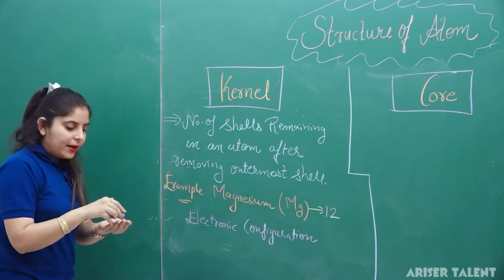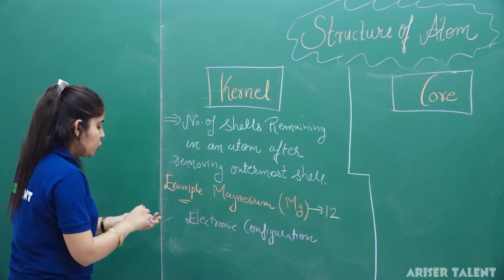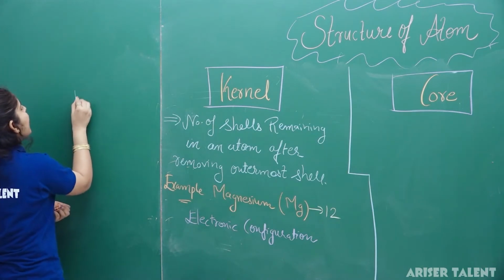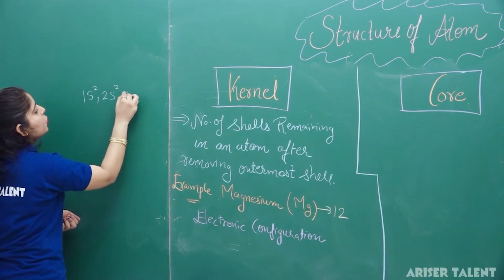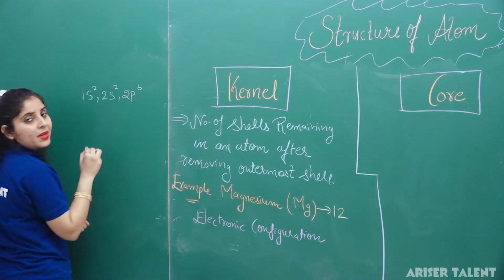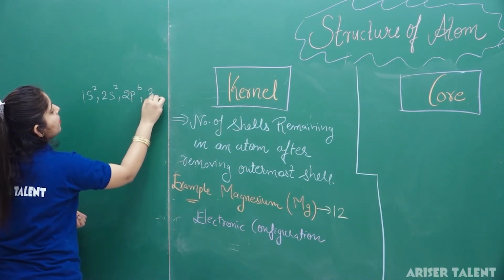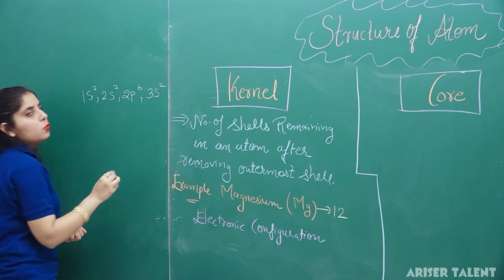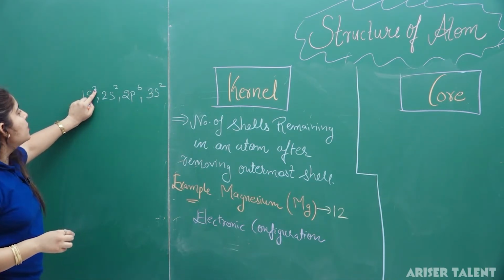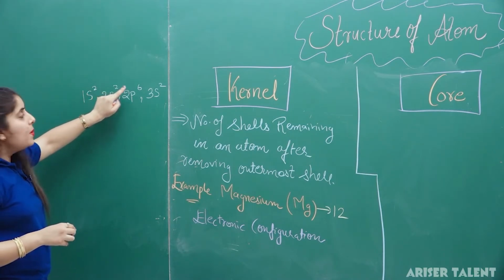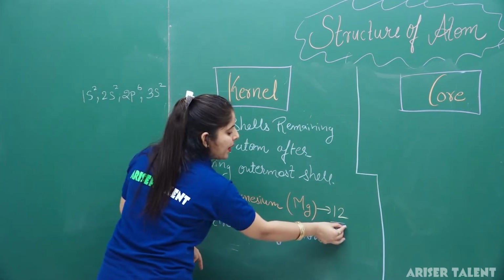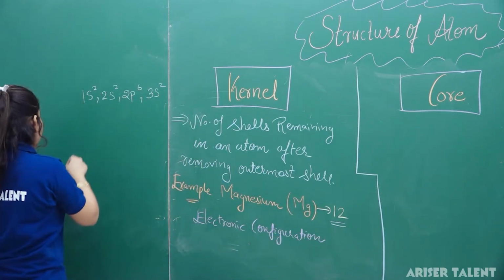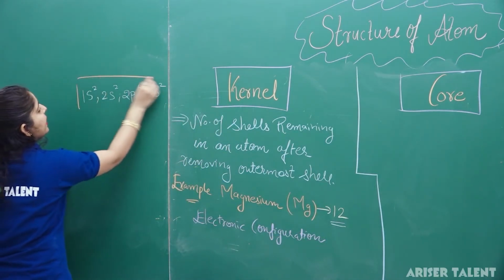We have 12 electrons in magnesium, so we can write its electronic configuration as 1s2, 2s2, 2p6, 3s2. 2 plus 2 is 4, 4 plus 6 is 10, and 10 plus 2 is 12. That is the atomic number for magnesium. So this is the electronic configuration for magnesium.